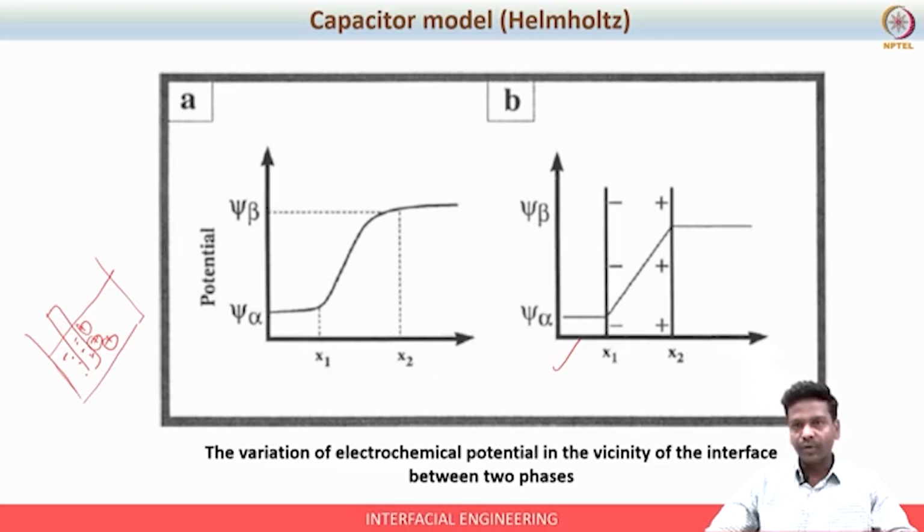The distribution of potential in such a case will be linear, right. So this model based on the capacitor model is nothing but the Helmholtz model.